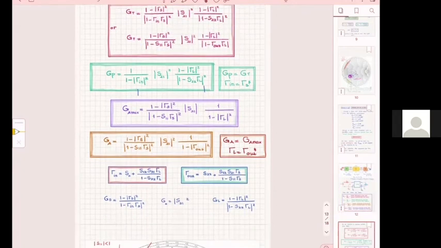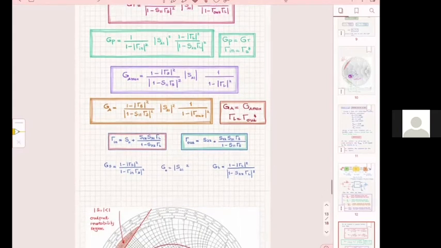What is G sub P? We said that in the case where gamma in is gamma S complex conjugate, then in reality, gamma P and gamma T are the same, as I just discussed before, so that it shows here.